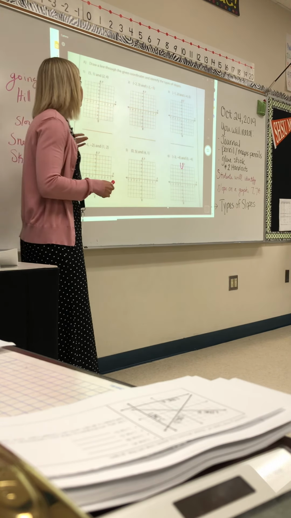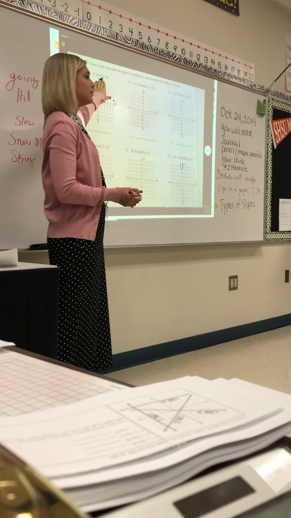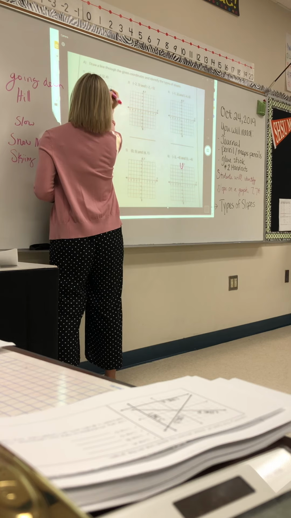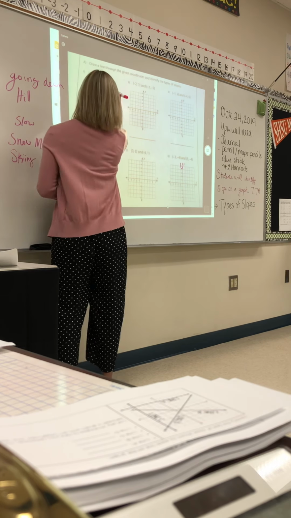We're going to create the points. So if we're looking at the point (5, 1), what do we have to do first? We have to go over to 5, right? And up 1. Same with (2, 4). We have to go over to 2 and up to 4. And then you're going to create your line.